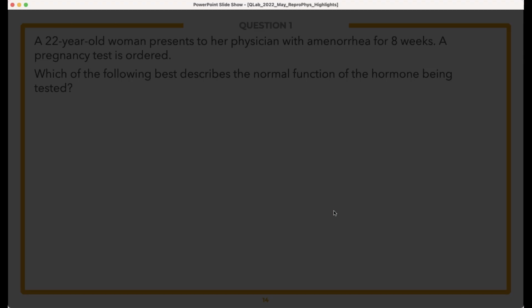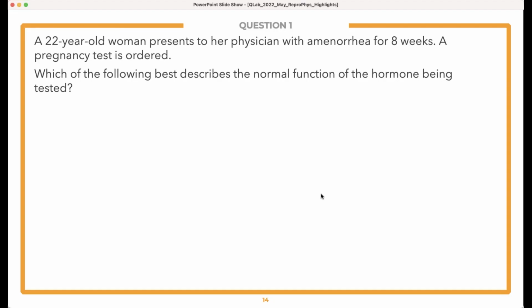So again, very short one, very crisp. In this case, again we've got the answer choices covered up, and the lead-in is, which of the following best describes the normal function of the hormone being tested? Think about the information that you're looking for as we read the vignette.